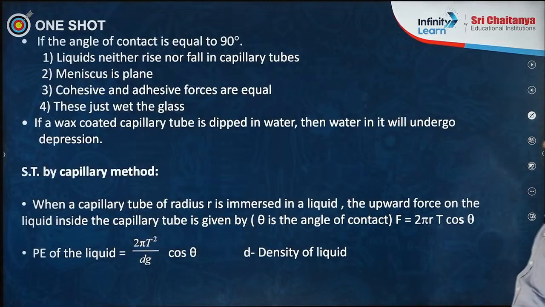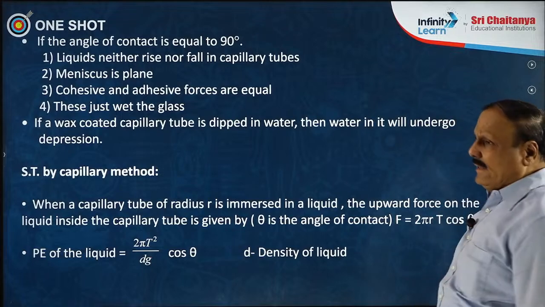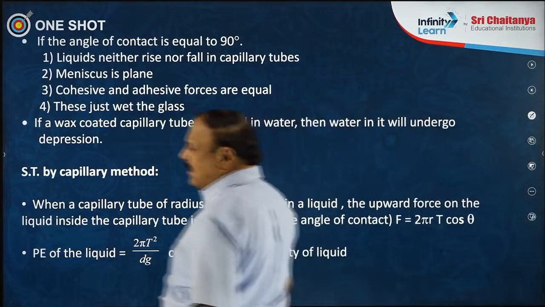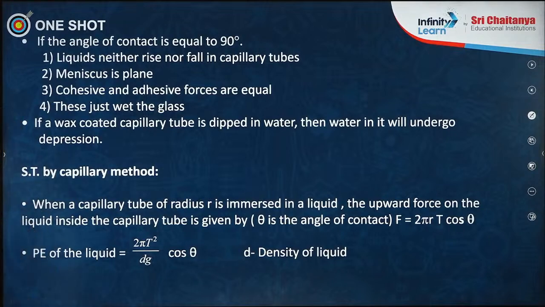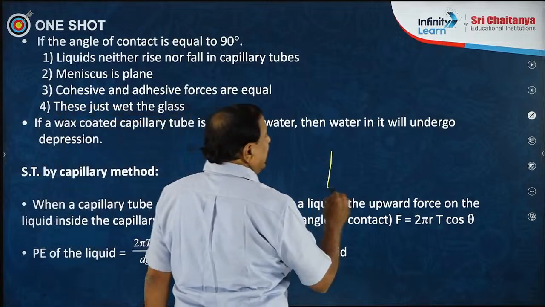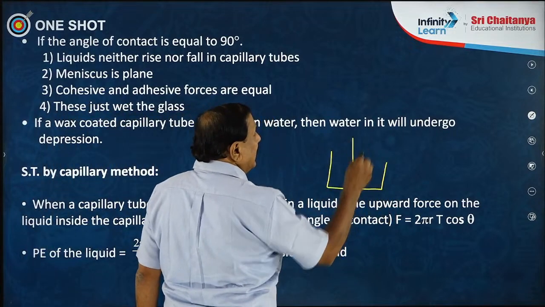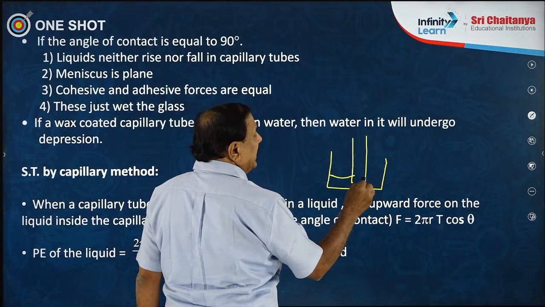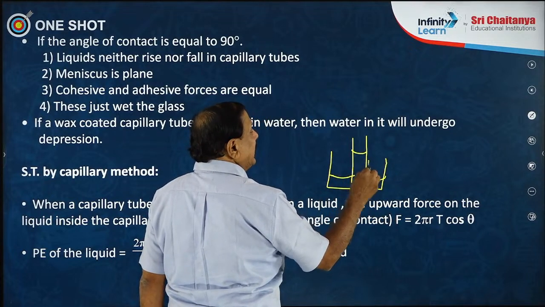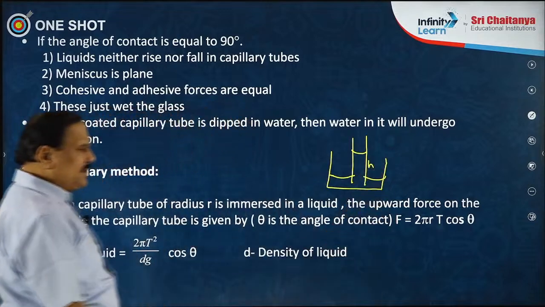Okay, based on the phenomenon of capillarity, we have a set of formulae again. Fundamentally, when a capillary tube is immersed in a liquid like water, as I told earlier, the liquid rises into the capillary tube up to a certain height h.